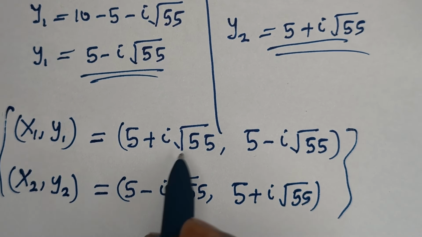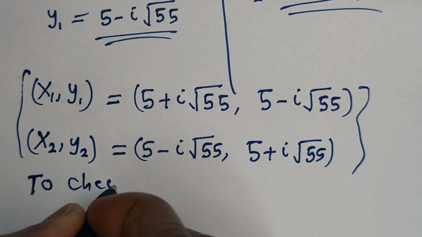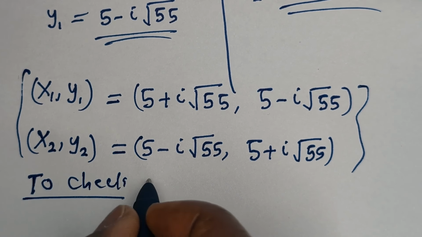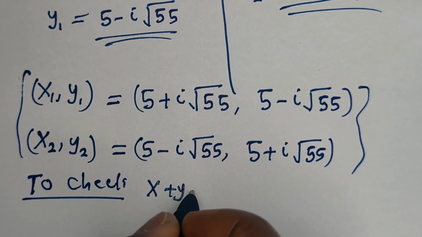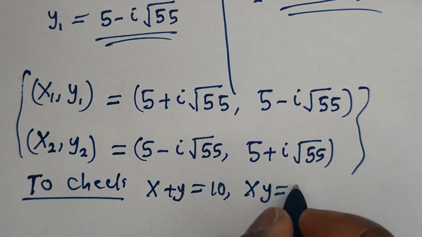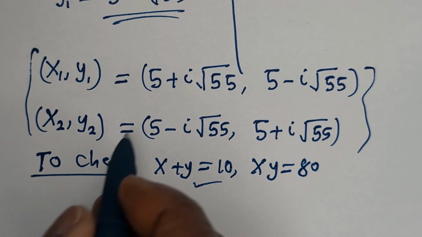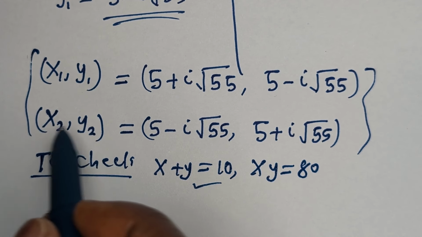We may check to confirm if this answer is right or wrong. Let's check. To check, we have the given equations x plus y is equal to 10, xy is equal to 80. Now, let's consider this using either x1, y1 or x2, y2.